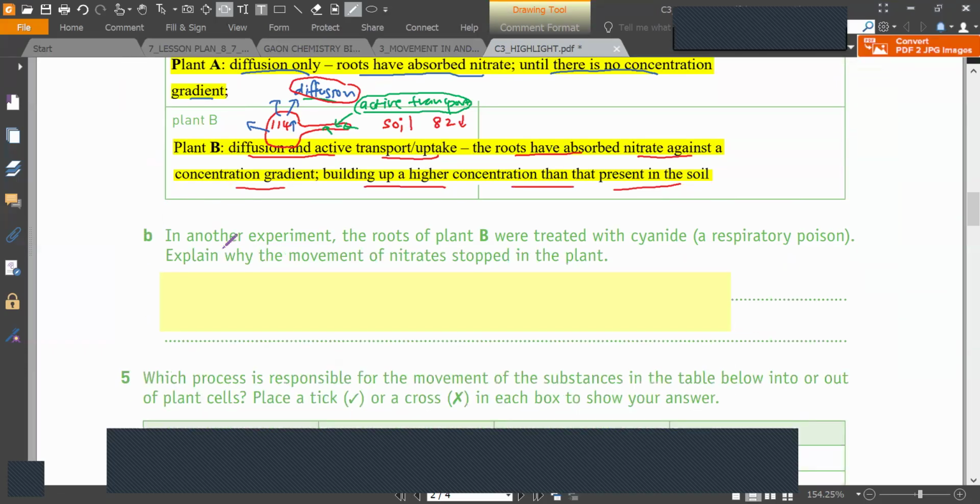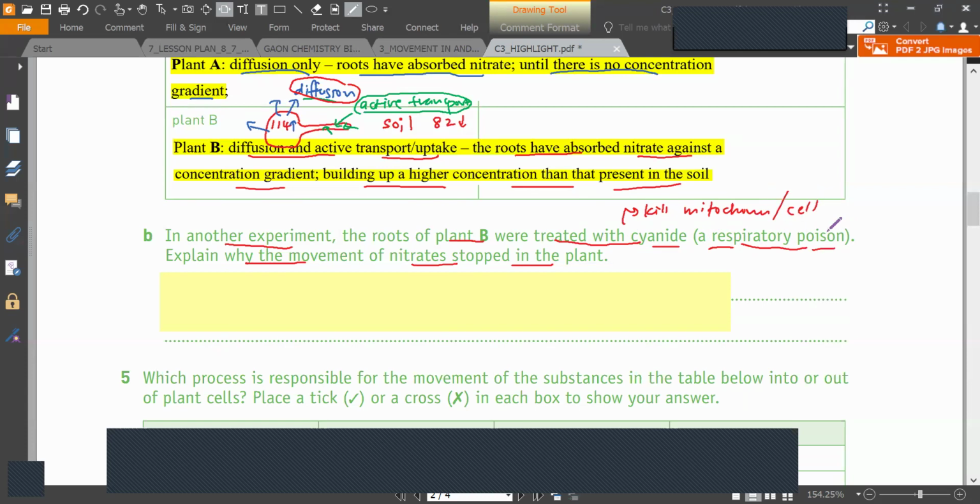Now we have another experiment. The roots of plant B were treated with cyanide, which is a respiratory poison. Explain why the movement of nitrate stopped in the plants. This is straightforward. Cyanide, a respiratory poison, will kill the mitochondria in the cell, or straight away kill the cell.